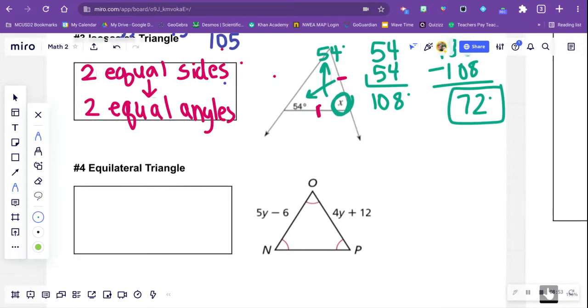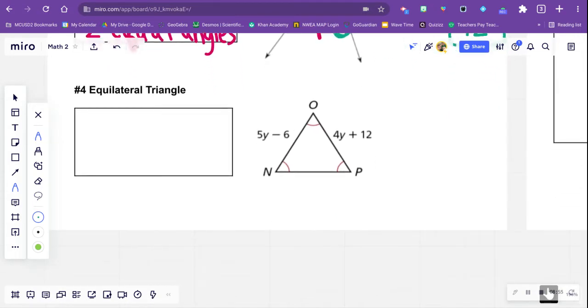And then equilateral triangles: everything's equal. So all sides are equal. They're all the same length. So they're all like 5 inches around or whatnot. And then because all sides are equal, that means all angles are equal.